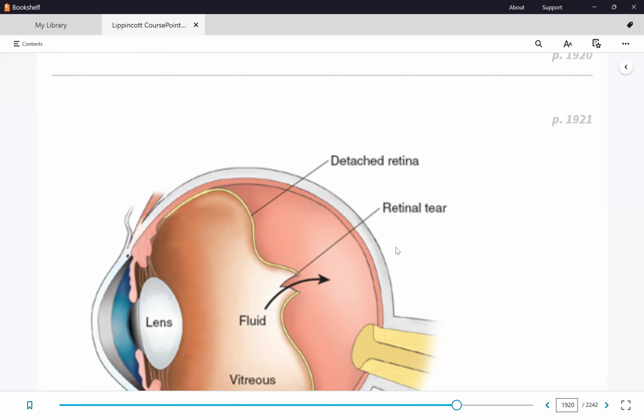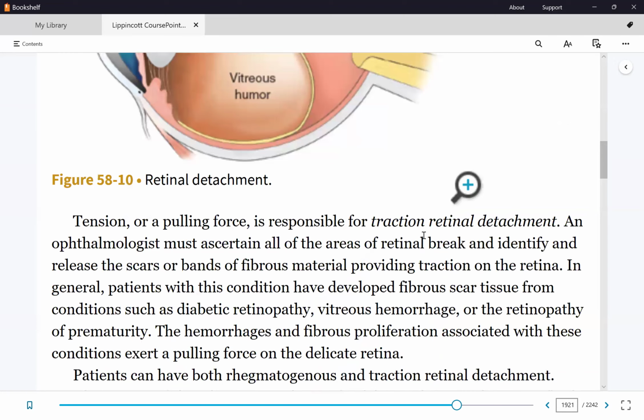So whatever the precipitating event was, usually again trauma, caused the retina to detach. So now what happens to the vision? Blurred. Okay, so there can be blurred vision, but really the manifestations as you see here are flashing bright lights.